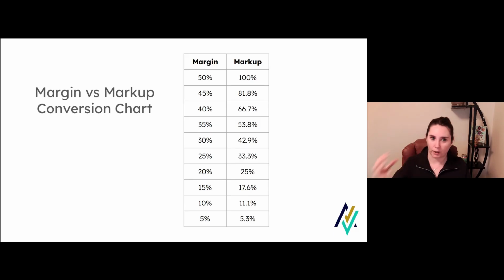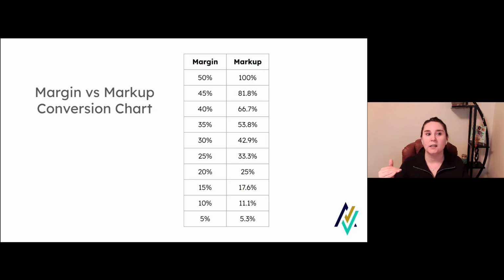And so your bottom number, the driver of the formula, is what's going to be in line with that. When you see the bottom three, maybe bottom four, a 20% margin compared to a 25% markup, there's not a huge difference. But when you get up to a 50% margin, you need a 100% markup.